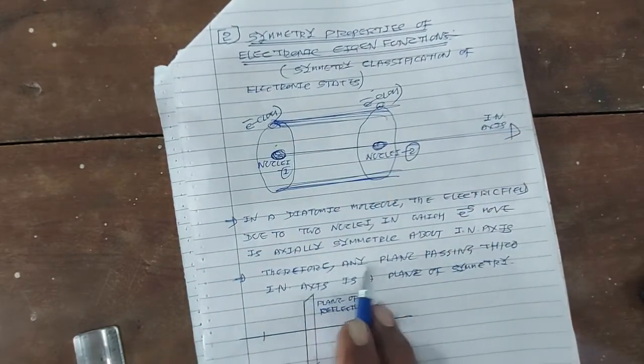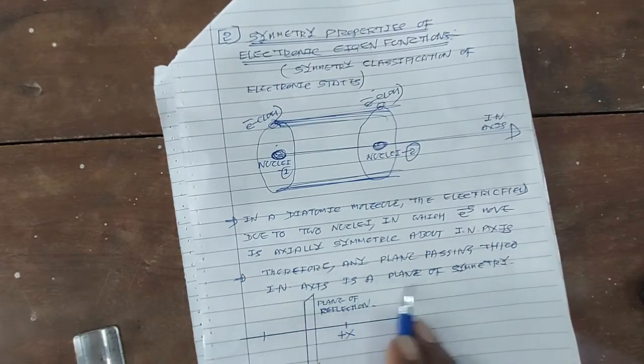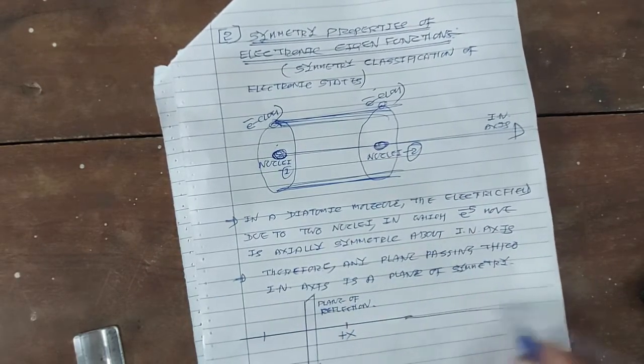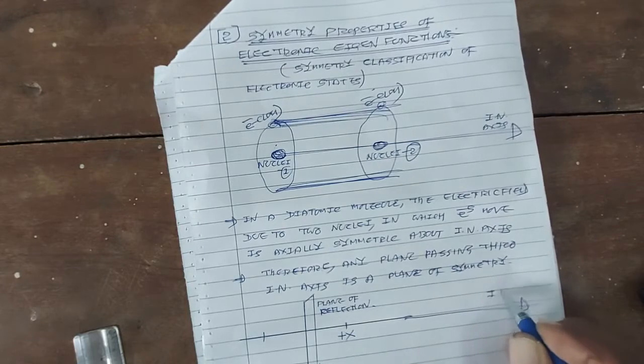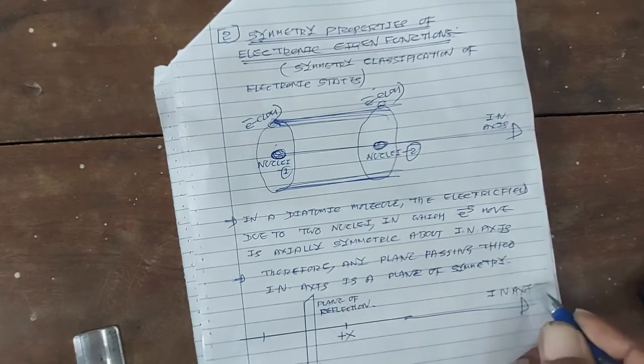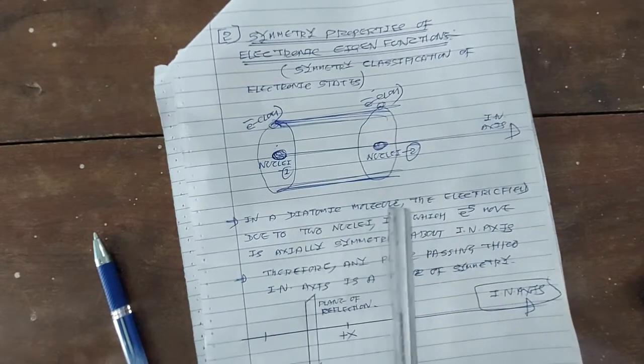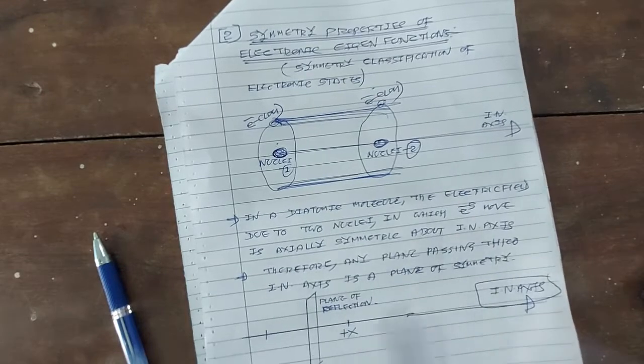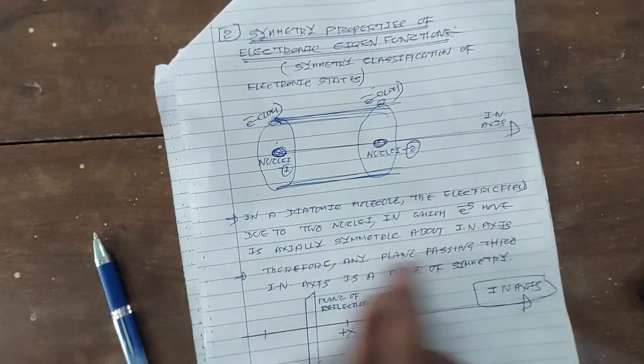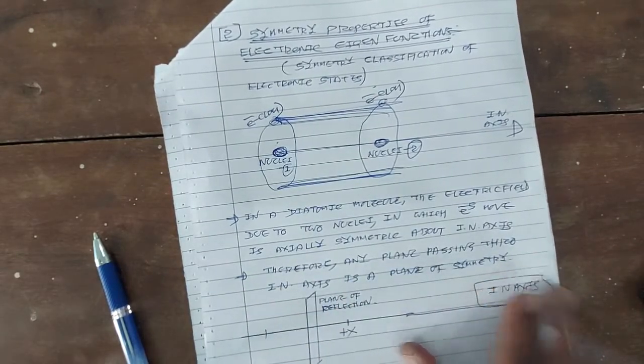Therefore, you consider any plane passing through the internuclear axis a plane of symmetry. Suppose this is the internuclear axis. Then any plane passing through the internuclear axis is a plane of symmetry.